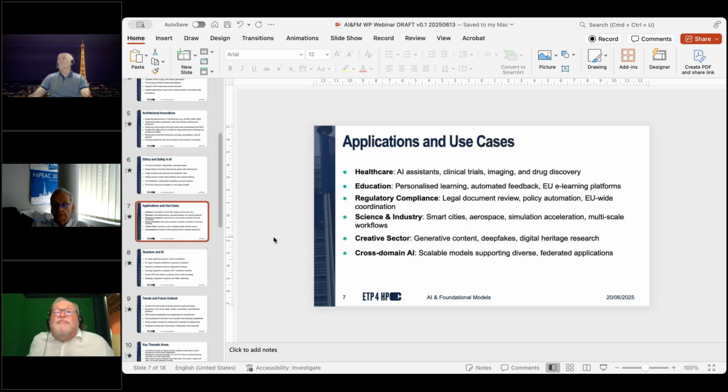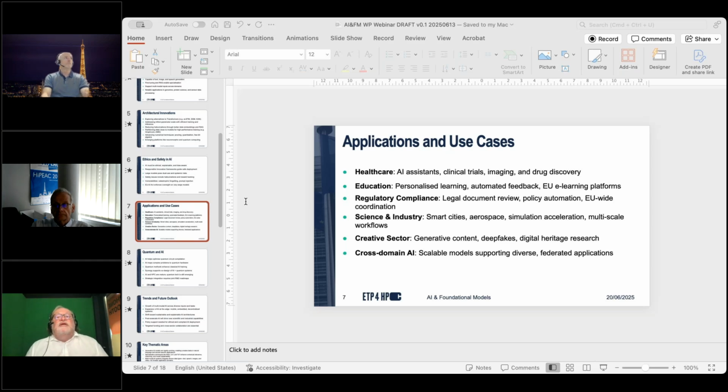So let's move on to some applications and use cases. I think we all agree that foundational models are significantly revolutionizing how we work. In healthcare, with diagnostics, drug and pharmaceutical discovery, and clinical text mining. In education, real-time tutoring and automated grading.